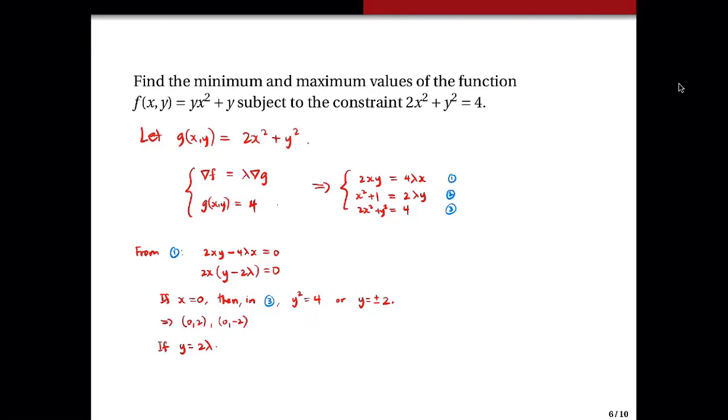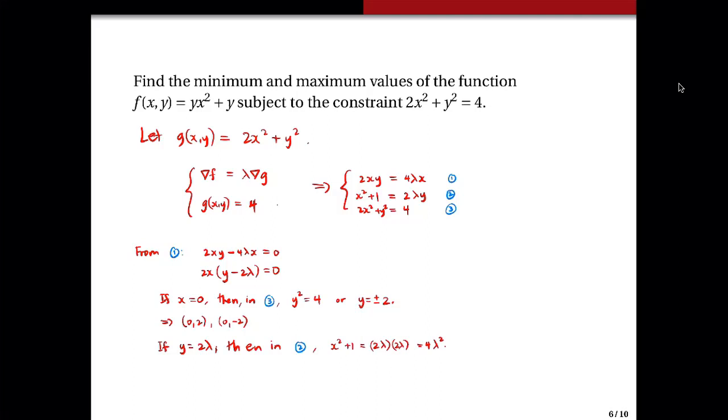If y equals 2 lambda, then in equation number 2, we will have x squared plus 1 equals 2 lambda times 2 lambda, so this is equal to 4 lambda squared.